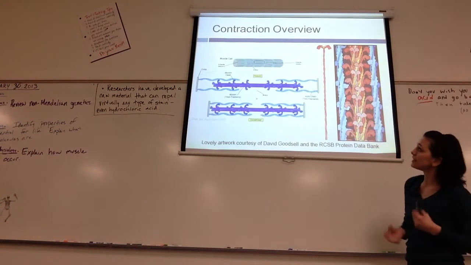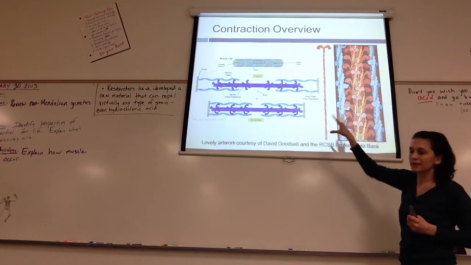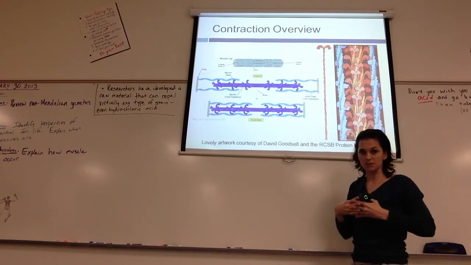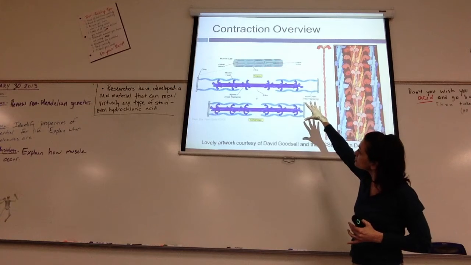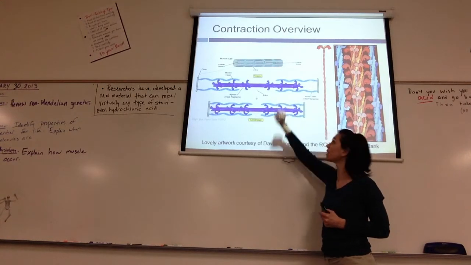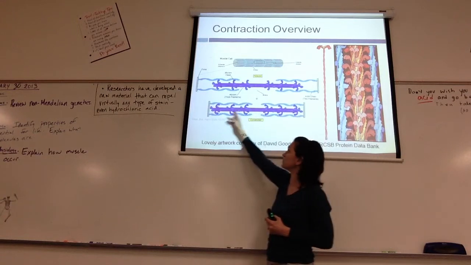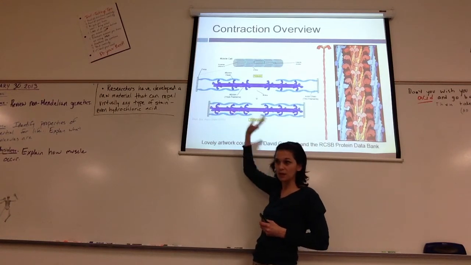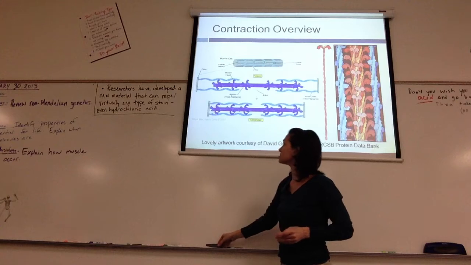Before we get into the details of the actual muscle contraction, it helps to understand what it looks like when it's relaxed, which is the top picture, and when it's contracted, which is the bottom picture. You'll notice a couple of key differences.